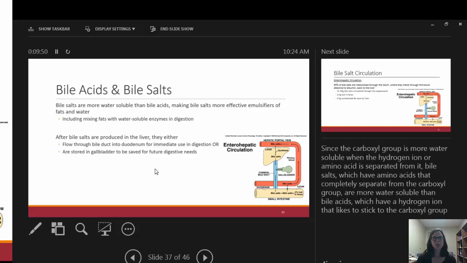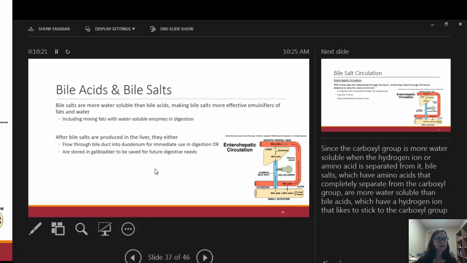Now, since the carboxyl group is more water soluble when the hydrogen ion or the amino acid is separated from it, bile salts, which have the amino acid completely separate from the carboxyl group, are more water soluble compared to their precursor bile acids. And that's because the bile acids have the hydrogen ion that likes to stick to the carboxyl group, so it makes it less water soluble.